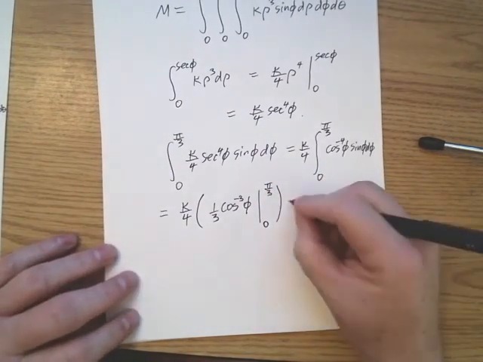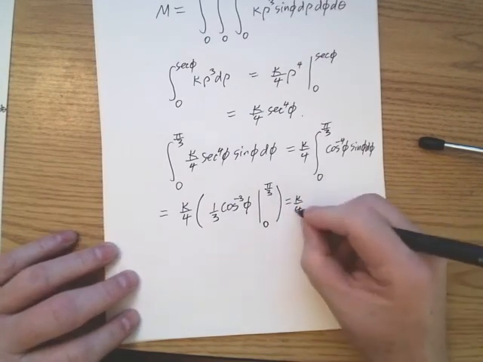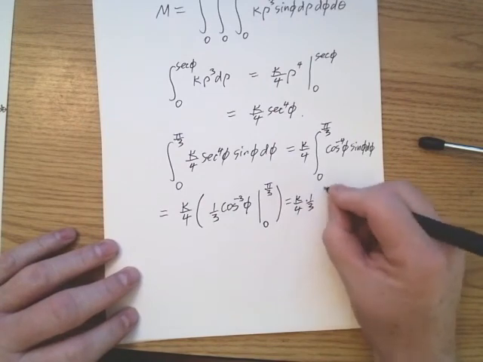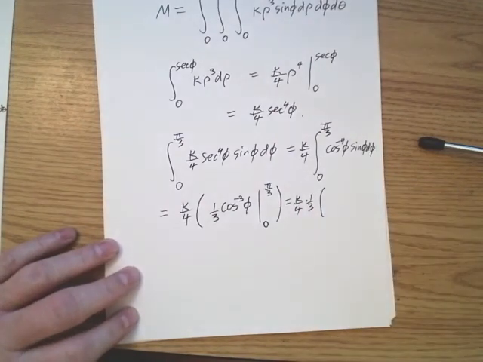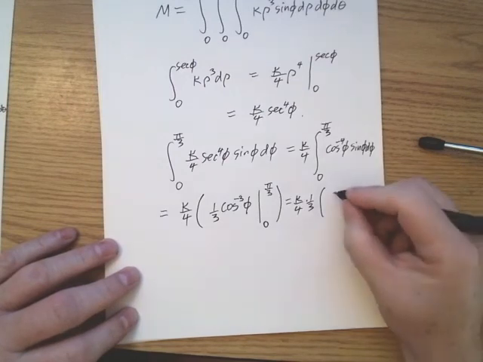What would that be? I've got a 1/3 there. What's the cosine of pi over 3? Do you remember? That's a half, isn't it?